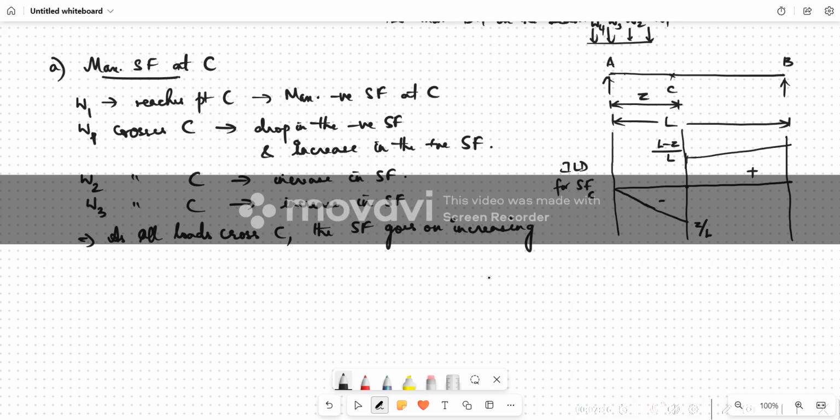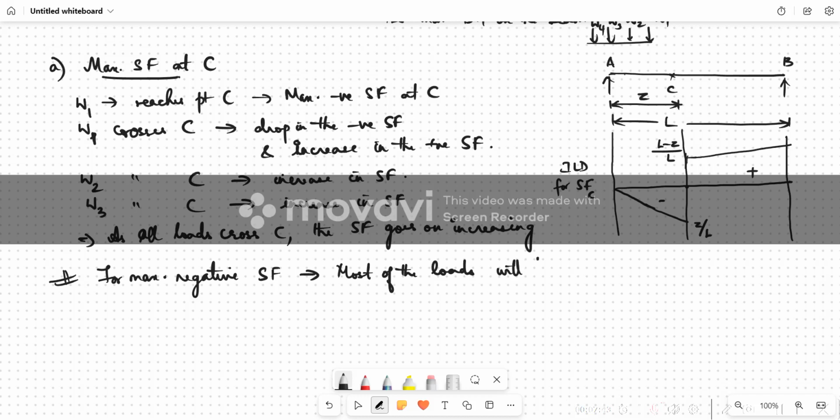As a note, if you want to sum up, you can write for maximum negative shear force, what is the condition? Most of the loads, because we don't know which one gives you the maximum. Maybe one load to the right and the rest to the left might give you a maximum negative shear force. You have to check that.